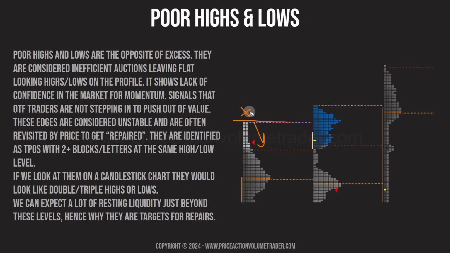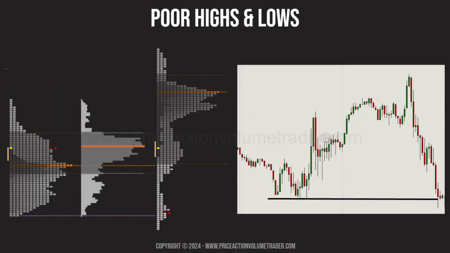So we have a lot of resting orders to buy at these levels, and then they say that the market is going to be attracted to liquidity. So in this case, you can see right here, this market opened up on this day, and then we had a strong push up to seek out or repair, in this case, these poor highs and lows.